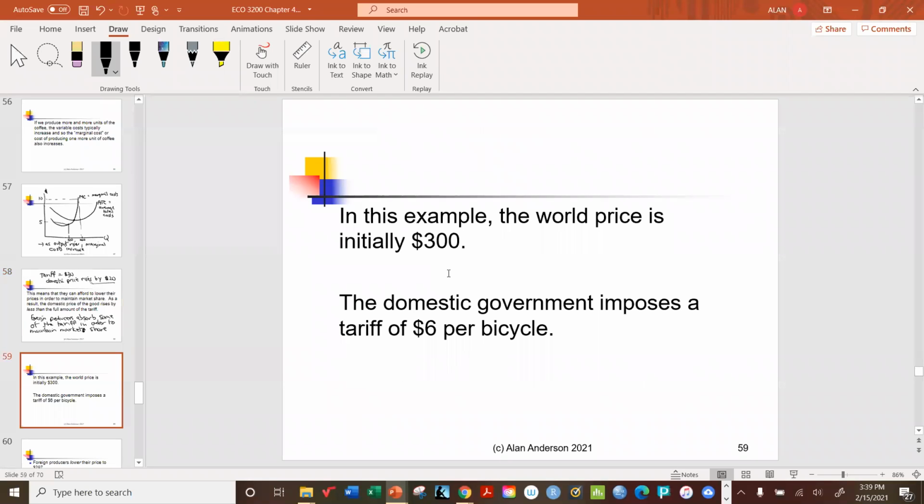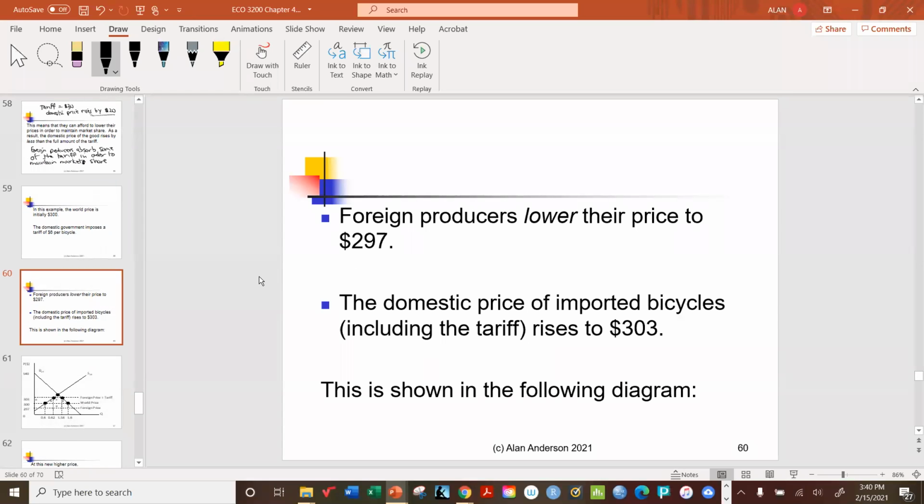All right, so let's look at this example. We start out with 300. Now this time, let's say the tariff is only $6. It's not 30, it's 6. But it's a large country. So the price is being reduced to $297 for domestic consumers in those countries. The tariff, though, pushes the price up to $303.